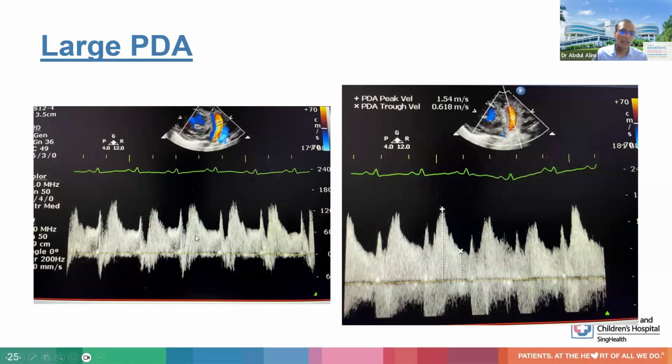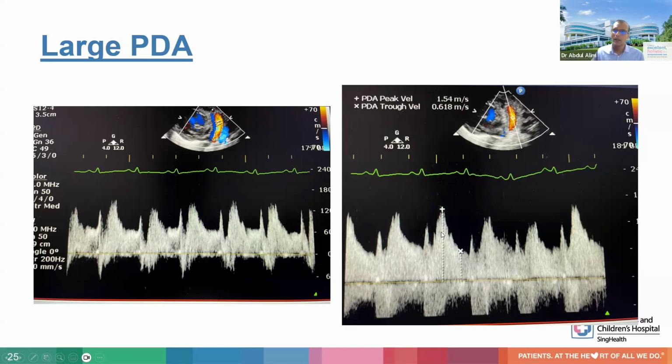And this is actually a large significant PDA. On the left-hand side, you can see a PDA with a continuous left to right shunt. On the right-hand side, again, there is a PDA with an even higher shunt, both in systole and diastole. So we can measure the peak systolic velocity and then the minimum diastolic velocity.